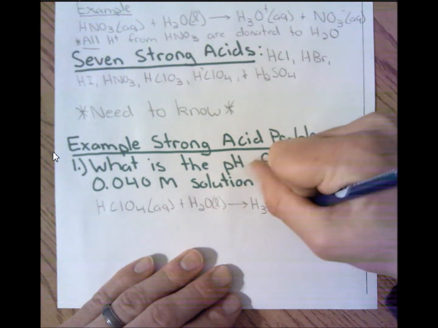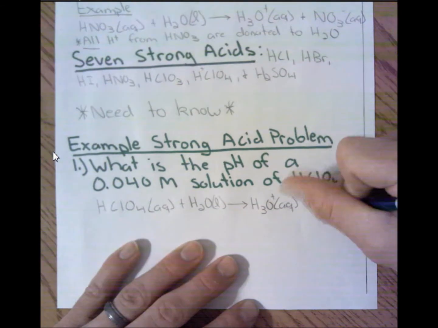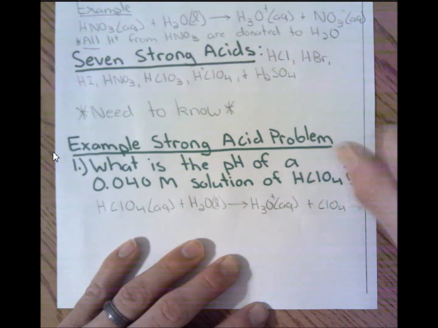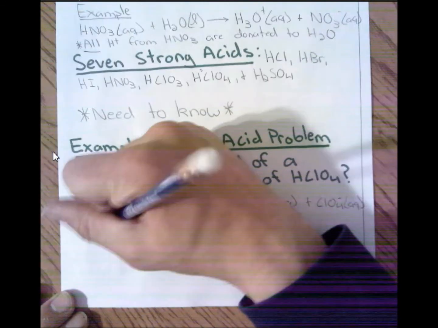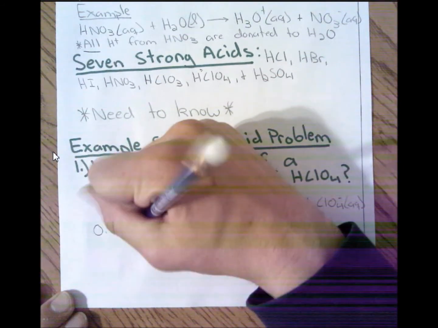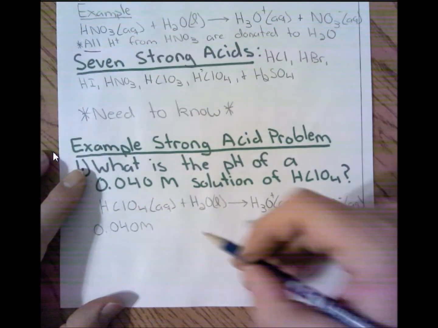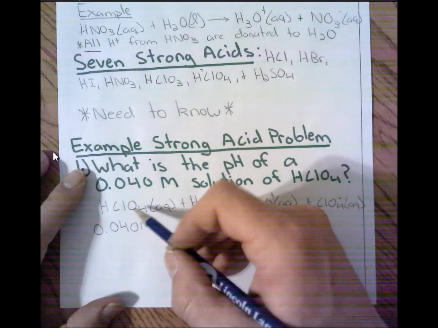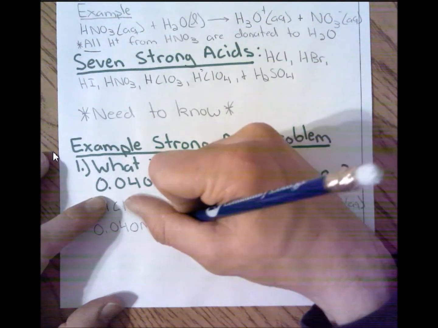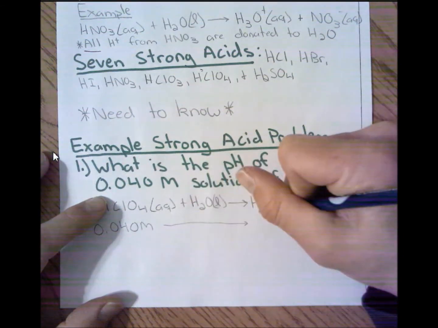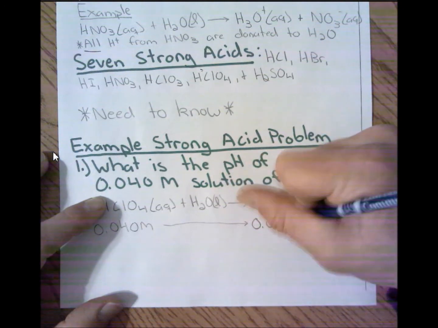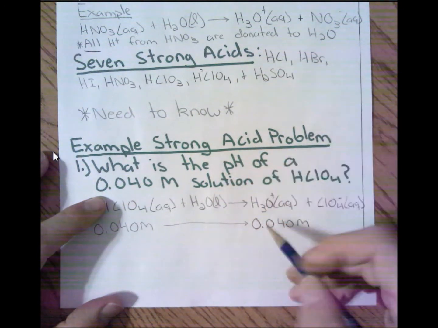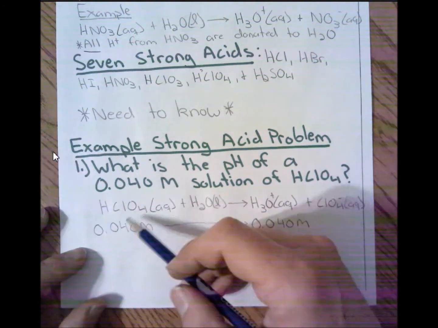Now, in detail here, we started out with 0.040 molar HClO4. Because all of this breaks apart, underneath our H3O plus we have a value of 0.040 molar H3O plus. So because we get a complete dissociation, the molarity of the strong acid solution is equal to the molarity of our H3O plus.